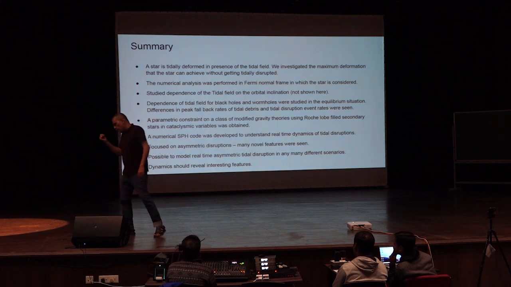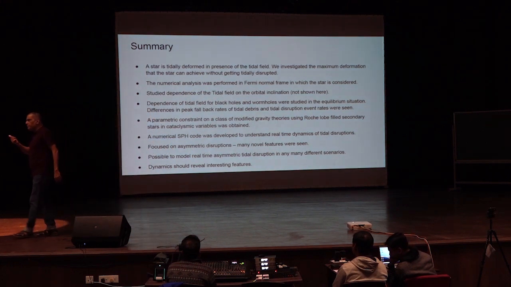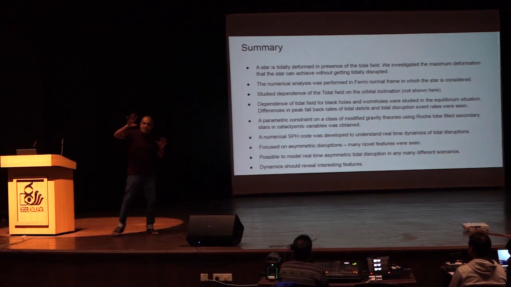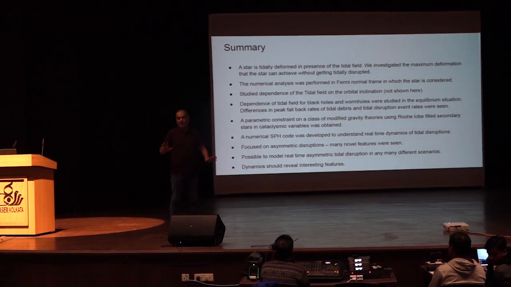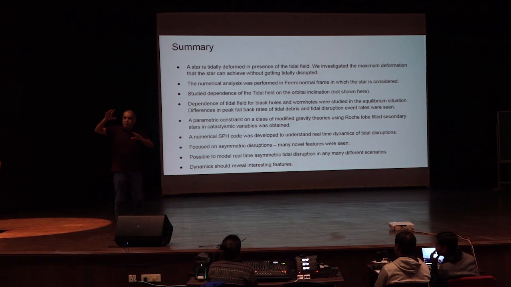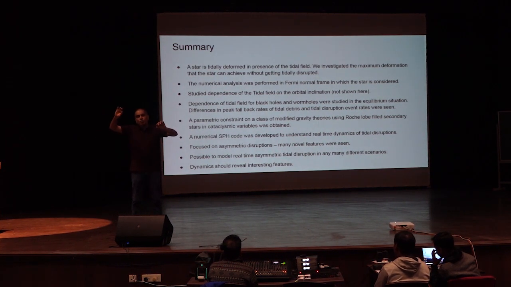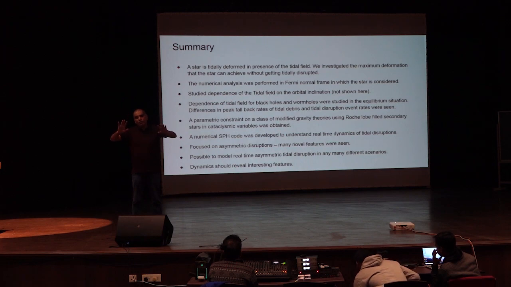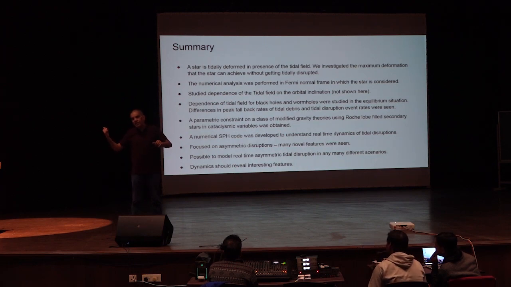It does not. Here, what we have done is not an equilibrium situation at all. That was an equilibrium, right? The star is not really deformed. You go up to the point where the Roche lobe starts overflowing, and then you stop over there. You say that, okay, this is my tidal disruption. Here we do not have that equilibrium.